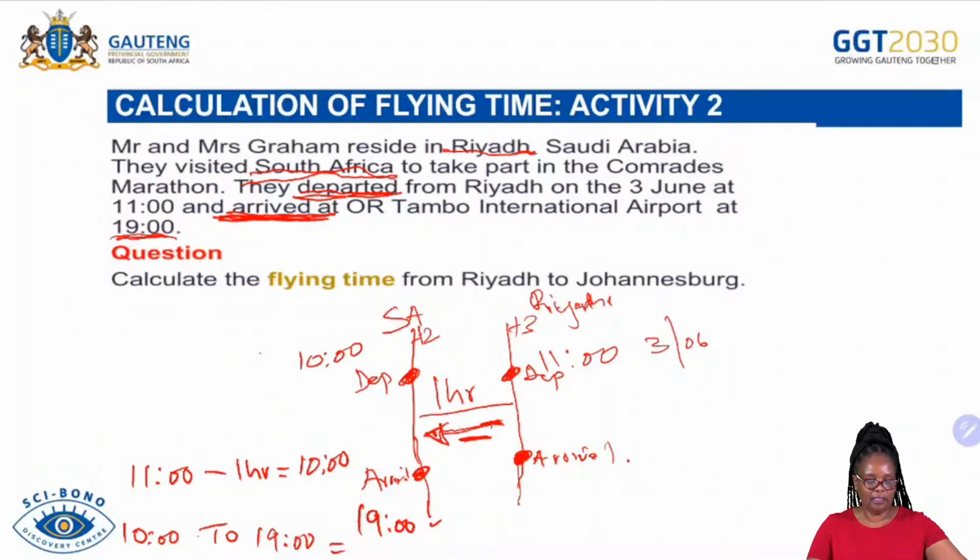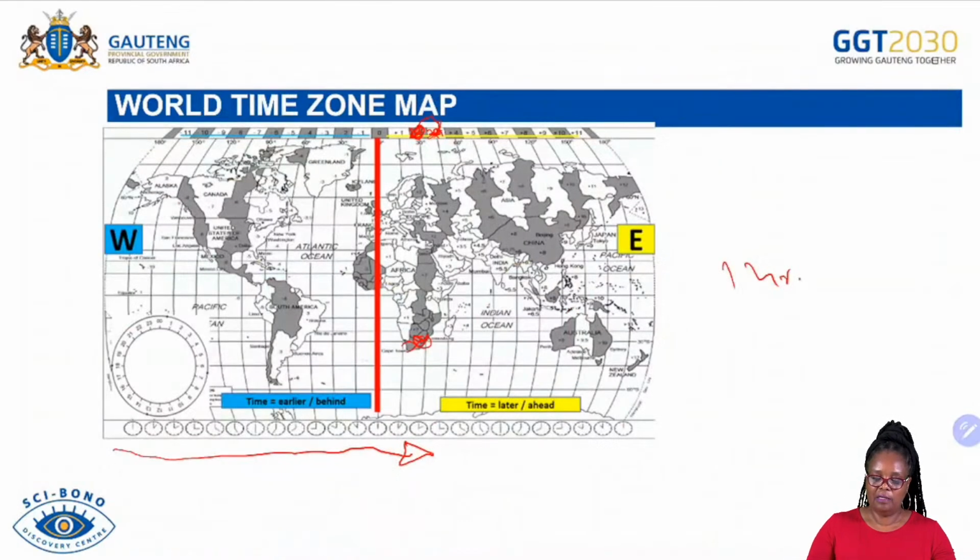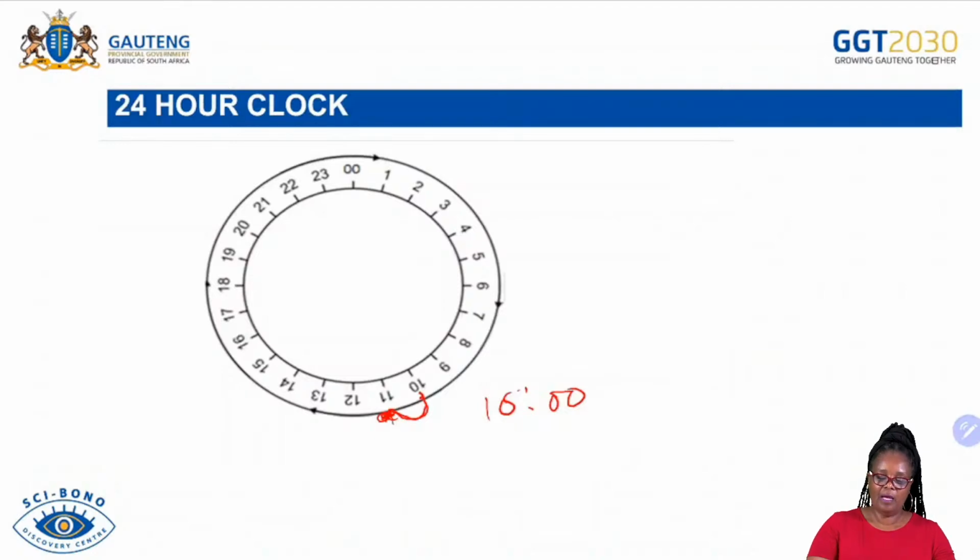We need to calculate the flying time here, from 1000 hours to 1900 hours. Let's go to our clock. If you are still listening, here we are. We said that we are moving from 10. This is our 10.